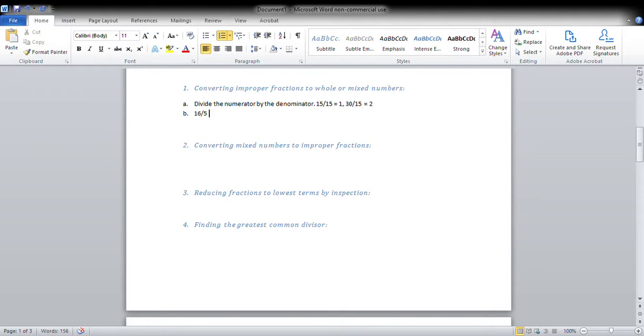The first step is, again, we divide the numerator by the denominator. 16 over 5. First thing we do is we divide 16 by 5. 5 will go into 16 3 times, because 5 times 3 is 15.